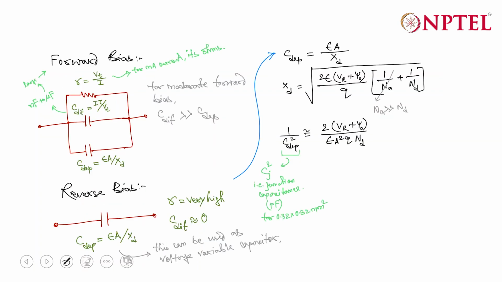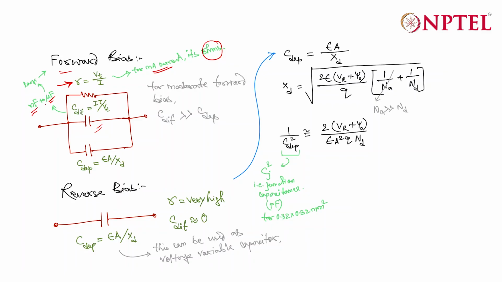Now if you summarize, under forward bias you have a resistance which is equal to Vt by I, and for a milliampere current the value is in ohms. You have a diffusion capacitance which is I tau by Vt. The value usually lies between nanofarad and microfarad. For a larger forward bias it may be larger.